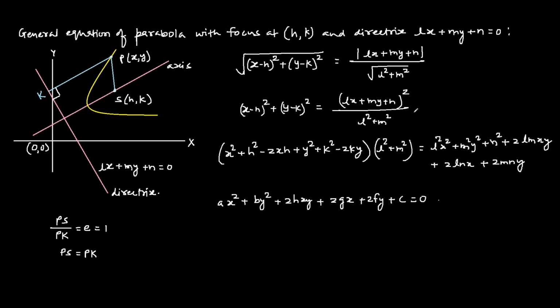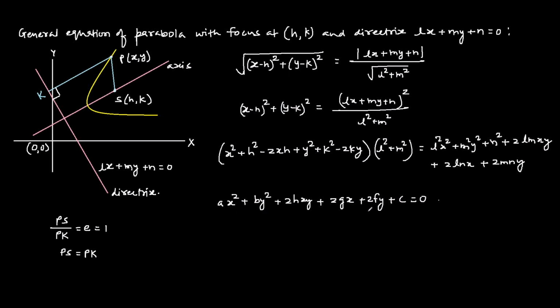By simplifying this expression, we get this form, where a is the coefficient of x square and b is the coefficient of y square. Similarly, 2h is the coefficient of the term xy, 2g is the coefficient of the term with x, 2f is the coefficient of the term with y, and c is the constant. In fact, a, b, h, g, f, c are all constants. So this will be the general equation of a parabola.